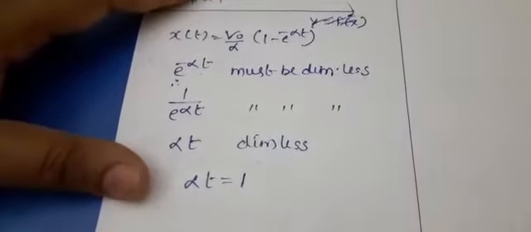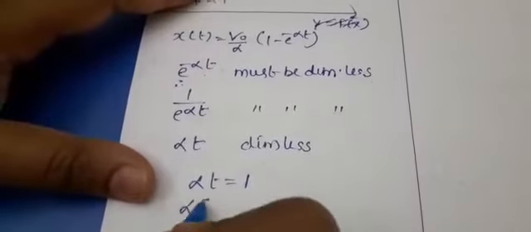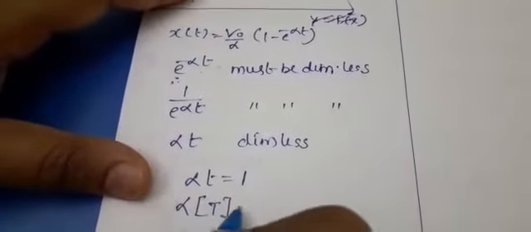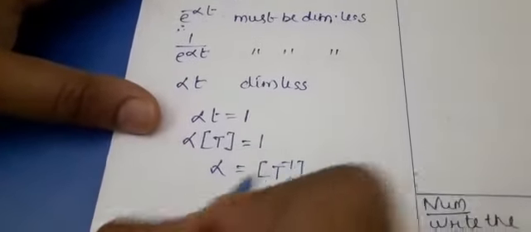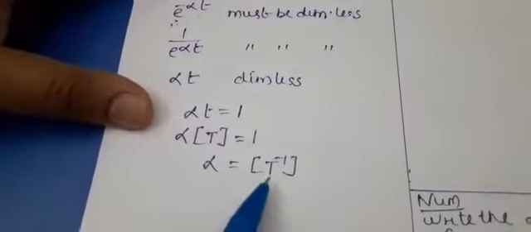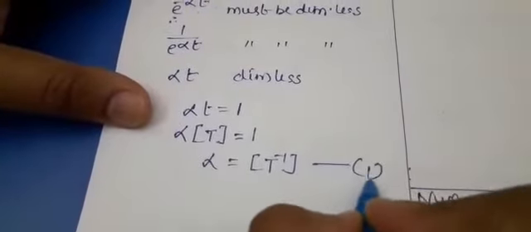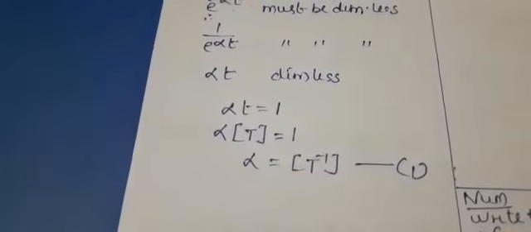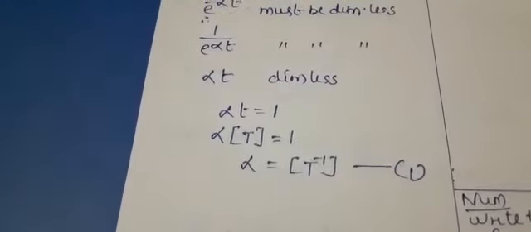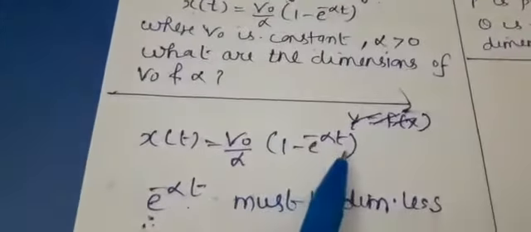Dimensionless means no dimension. So now put the dimension formula of t. So alpha will have the dimension formula 1 by t, which I can write as T raised to the power minus 1. Now, on the left hand side, in the statement part, this is 1 minus e raised to the power minus alpha t.